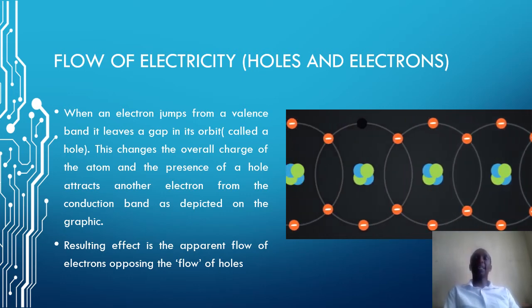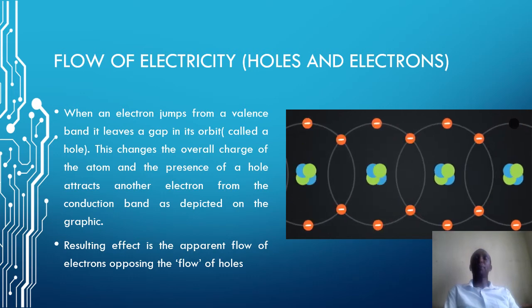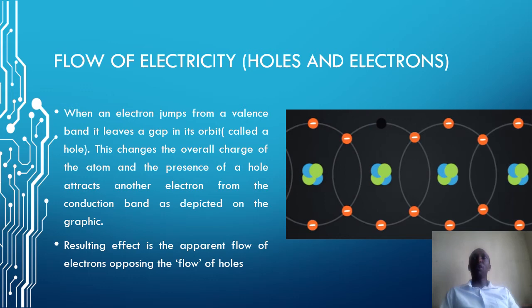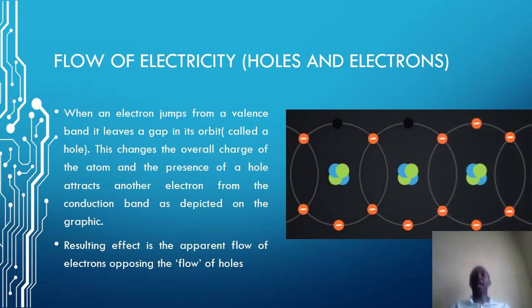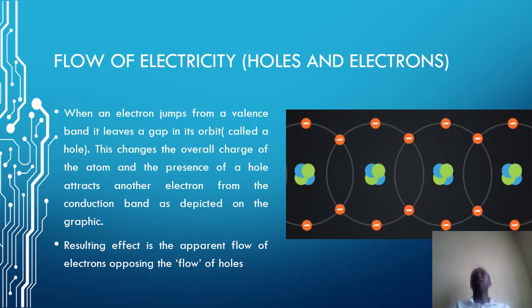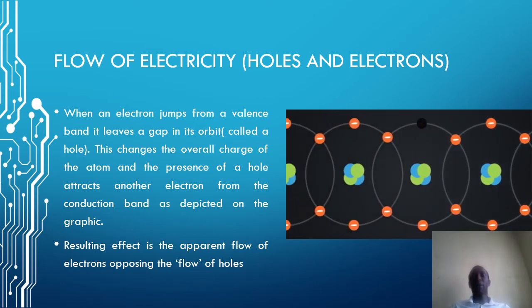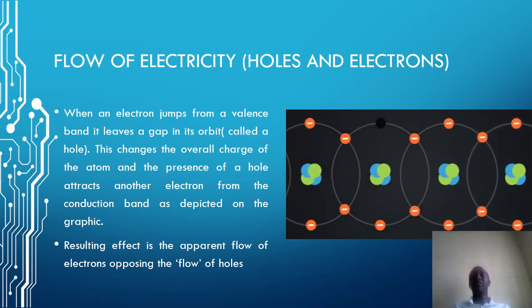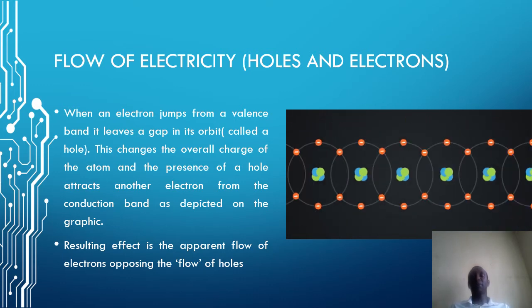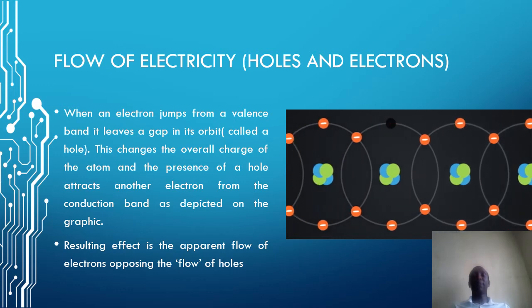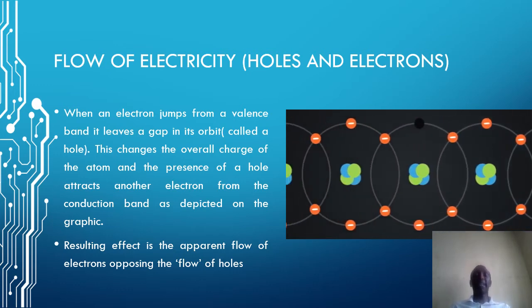So in this case, you'll find that the electrons will be moving towards the positive terminal, and the holes will tend to appear moving towards the negative terminal. Remember that the electrons are negatively charged, so they are attracted to the positive terminal, and holes being positively charged will tend to move towards the negative terminal.